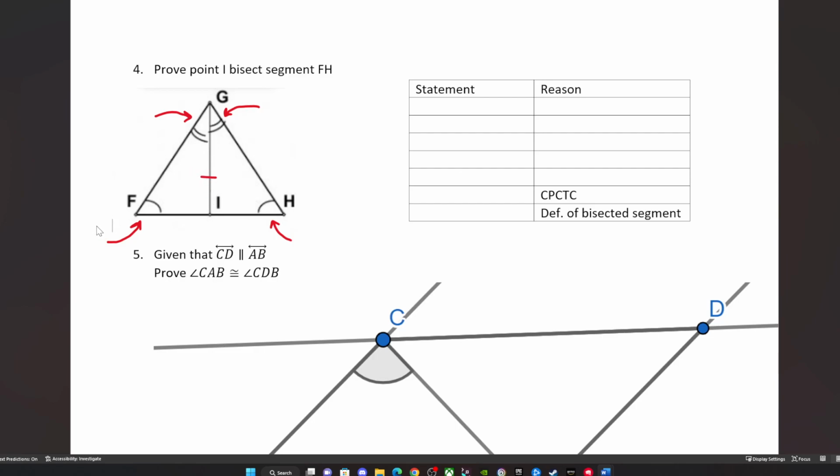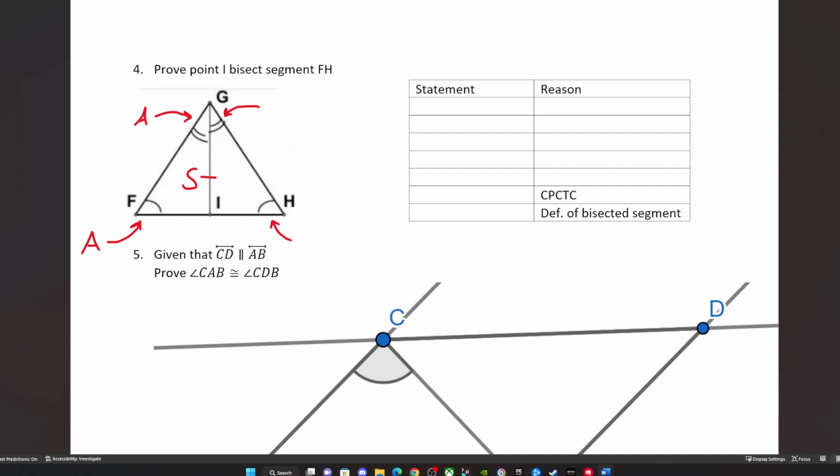Oh, sorry, these are not sides. These are angles. I'm sorry. We get an A out of this, an A out of this, and from this one we're going to get the S. So these two triangles would be congruent because of the angle, angle, side, triangle congruence theorem.